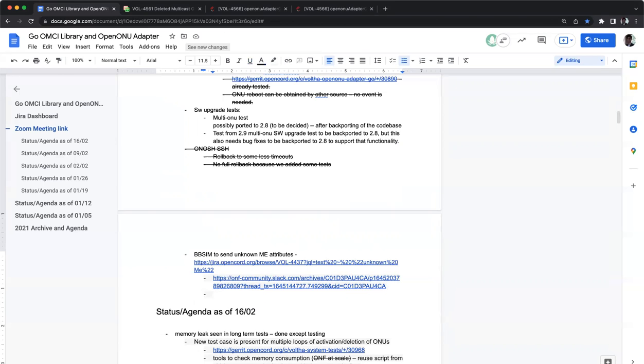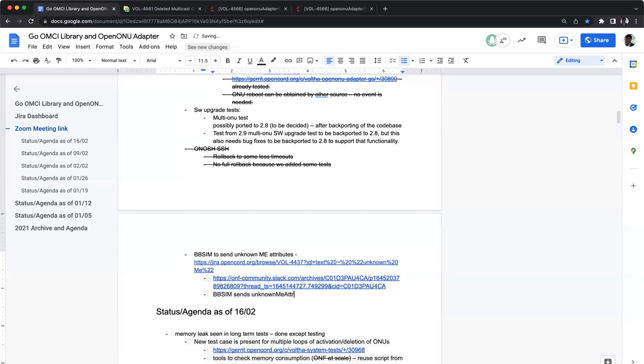Let me see if I understand this correctly. The issue is that Theo is sending an unknown ME with unknown parameters, but according to my understanding, this feature was about known MEs we are supporting, but containing unknown attributes.